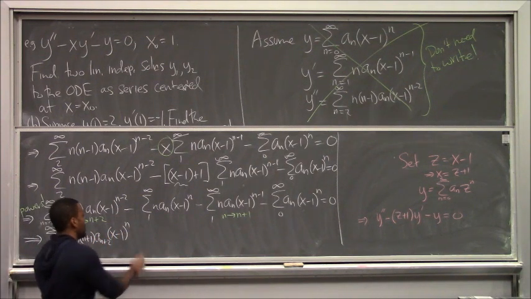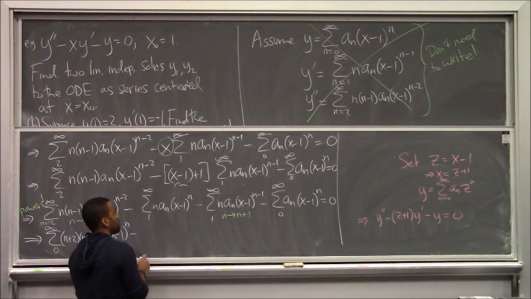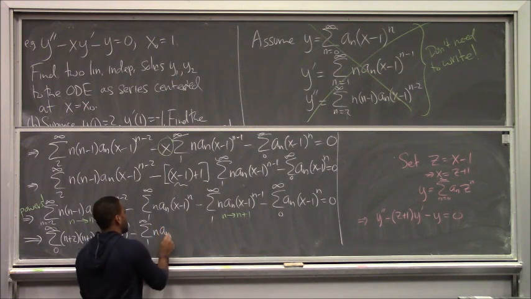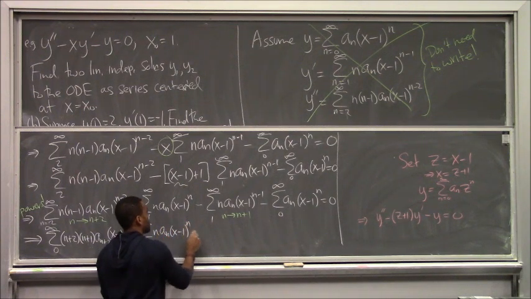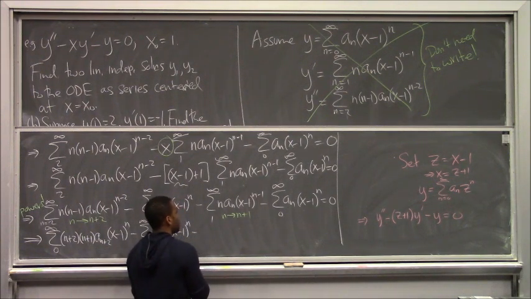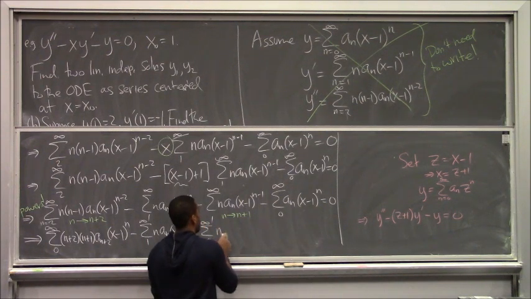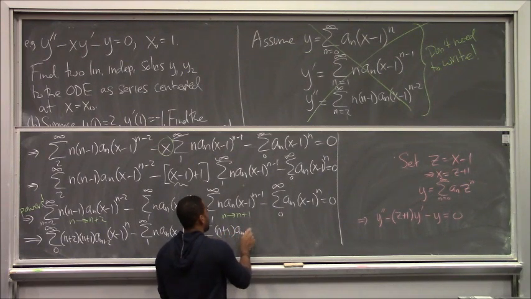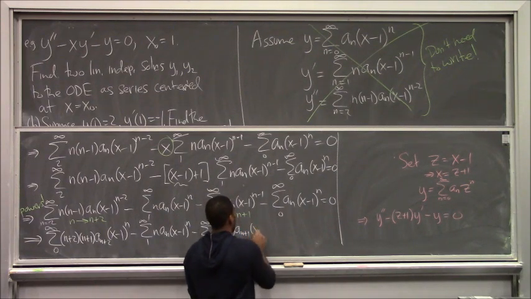So that guy will be at n. Then this guy goes fine. This one, all n's would be replaced with n plus 1, so he now starts at 0. And I have n plus 1, a_(n plus 1), (x minus 1) to the n, minus this guy's prime.